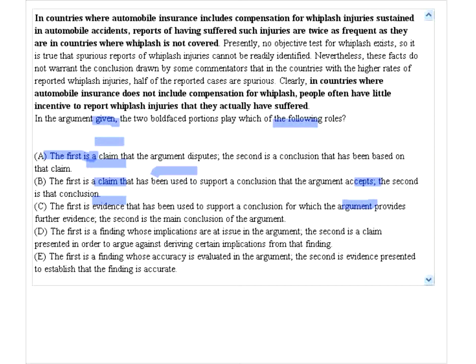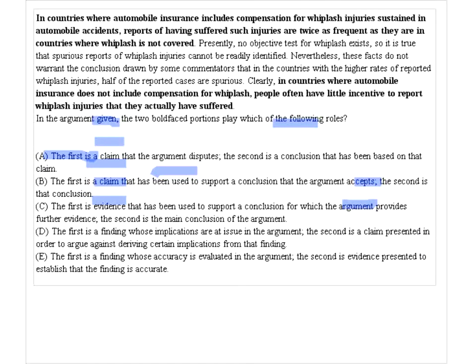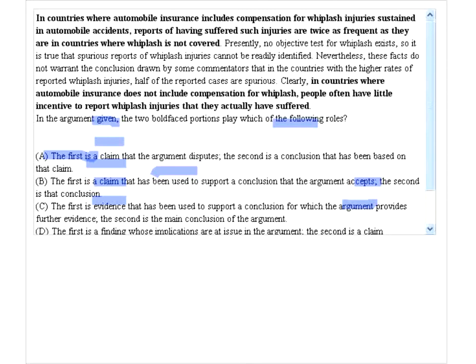The first boldface: in countries where insurance includes compensation for whiplash, reports of whiplash are twice as frequent as they are in other countries.